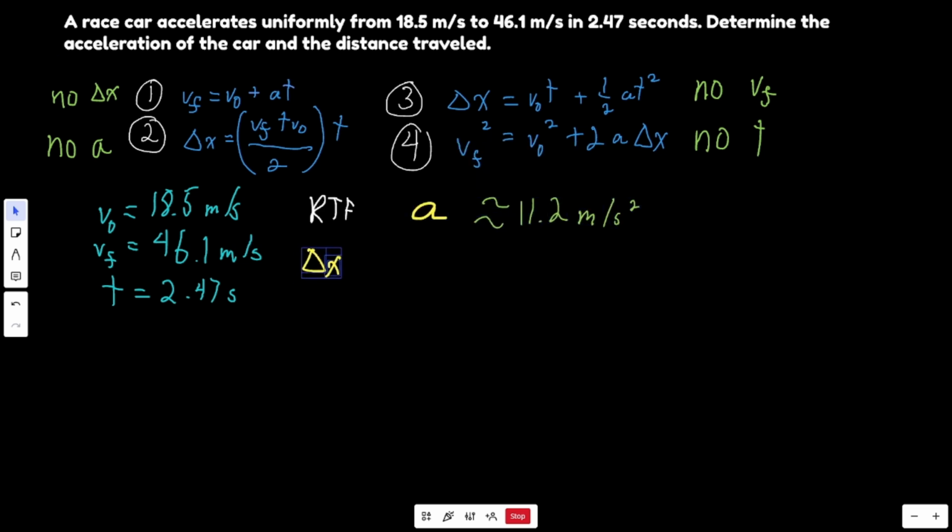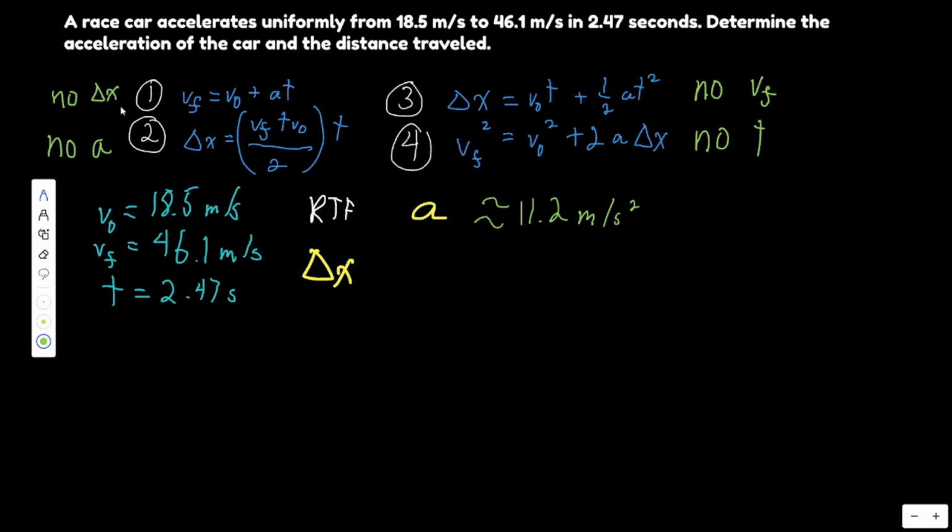For delta x, we can solve it again using any of the equations, given that we have all of the variables needed. We can see that we have every variable needed for kinematics, so let's just choose the simplest one. Obviously, we cannot use equation 1 since it cannot solve for delta x. However, we can use equation 2, since equation 2 is quite straightforward.